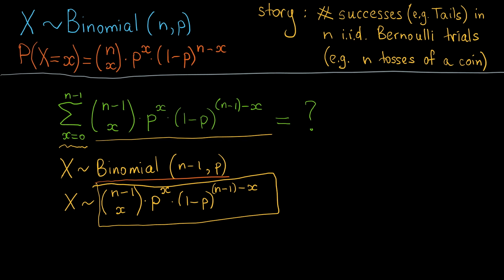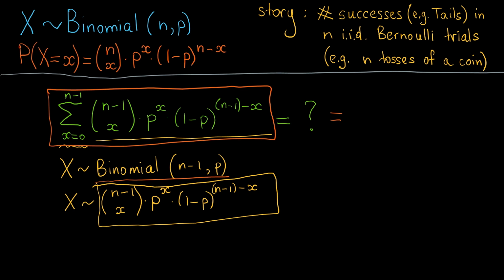If we were tossing a coin n minus 1 times, the number of tails we could get would go from 0 to n minus 1 in increments of 1. Essentially what we have here is the sum of the PMF of a random variable over its entire support. Therefore, it must equal 1. And we're done with evaluating the expression in green, which looked so intimidating at the beginning.